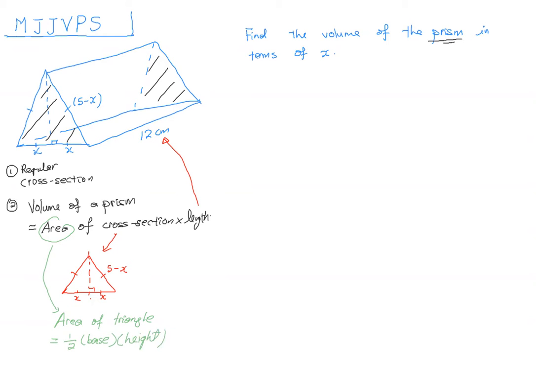So if the question asks me to find the volume of the prism in terms of X, how am I going to find it? If they ask me to prove, I also will do the same. How will I write? I will write down volume of the prism is area of cross section times length.